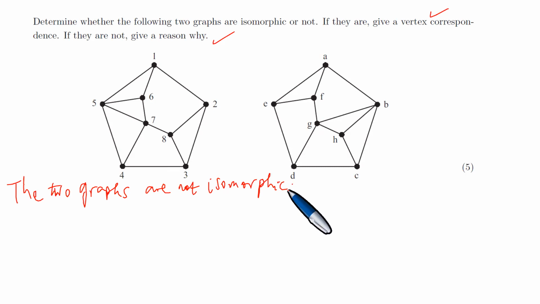Why? It's not enough to just say they're either isomorphic or not. We need to substantiate. Here's the reason.